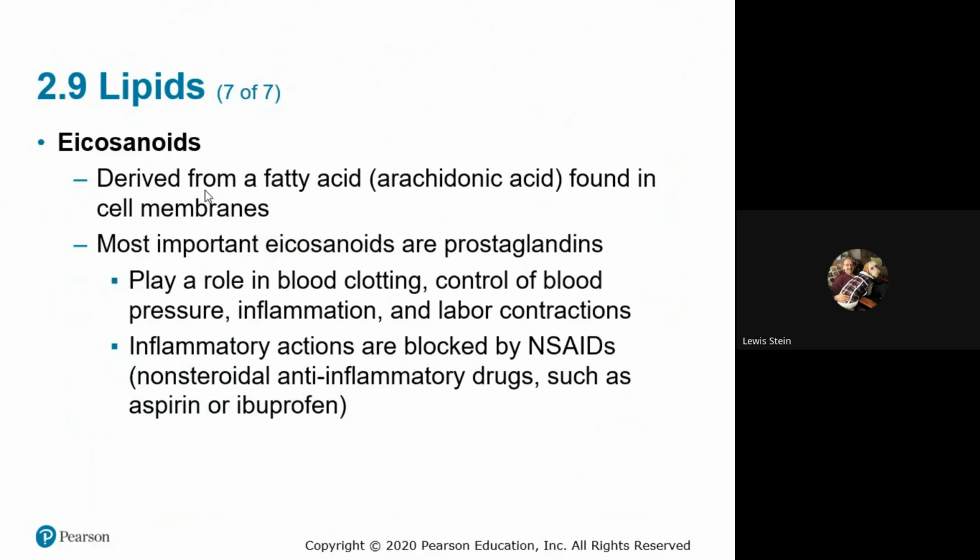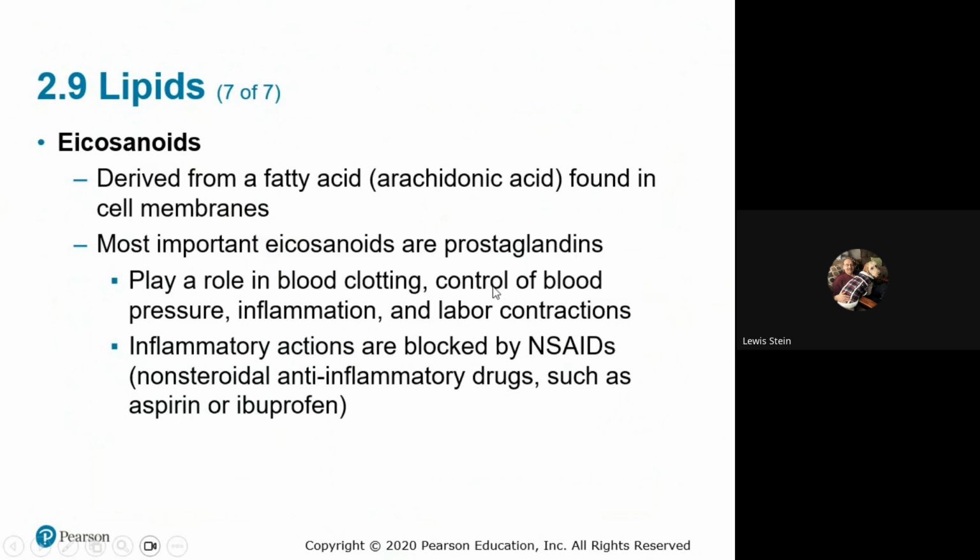So they're really long with a couple of sites of unsaturation and an acid at the end, like a C double bond OH. You don't have to know the chemistry. They're called prostaglandins because they were isolated from the prostate. They play a pivotal role in all of these things.